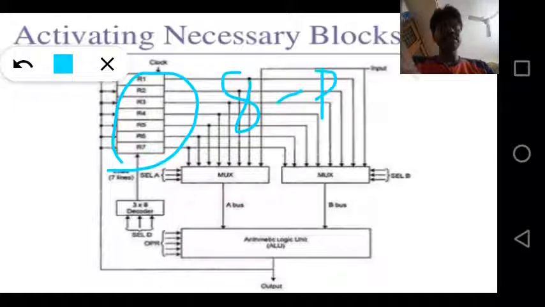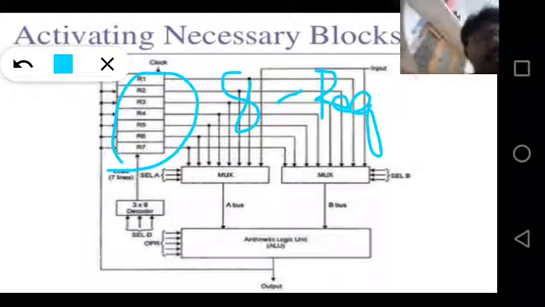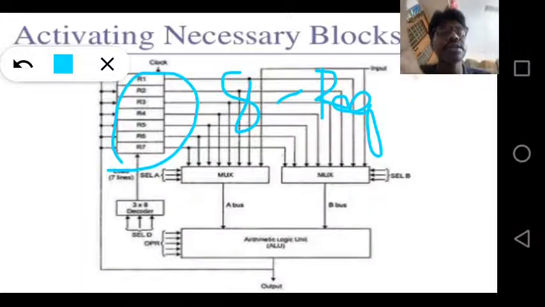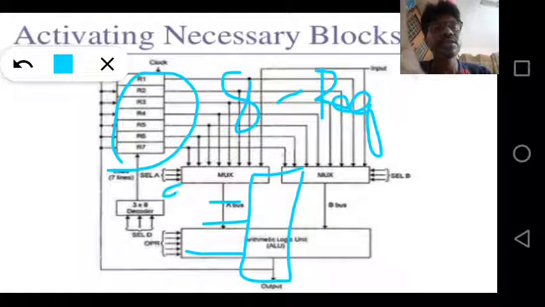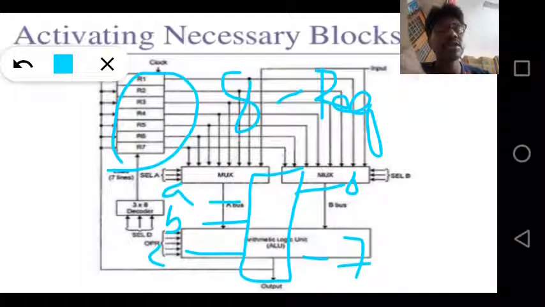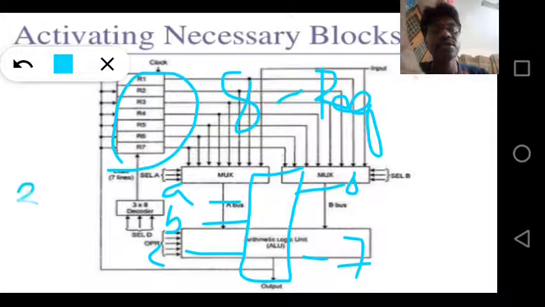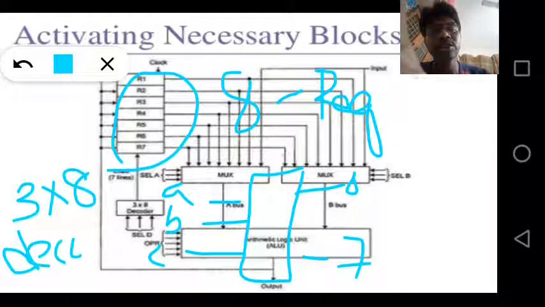We have 8 registers, and these 8 registers can be selected with 3 inputs A, B, C, which select any one of the registers. This is called a 3 by 8 decoder.